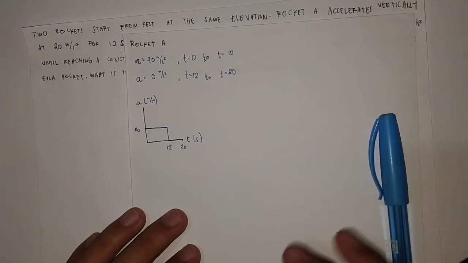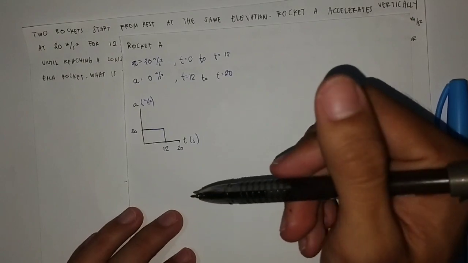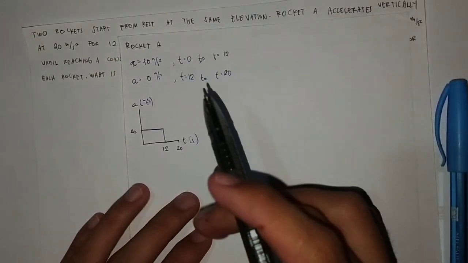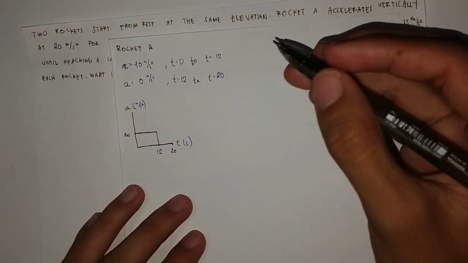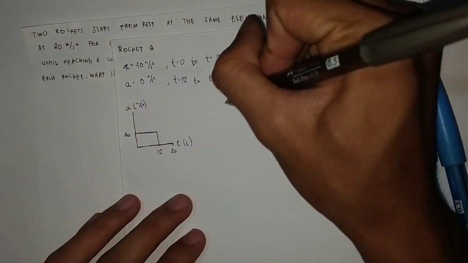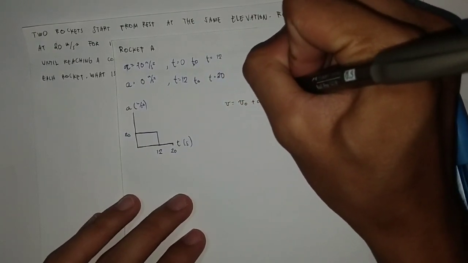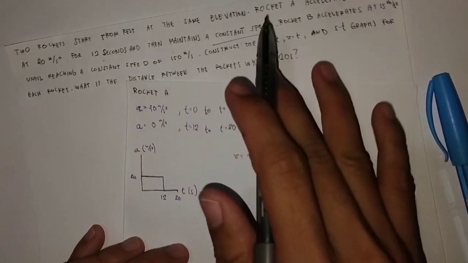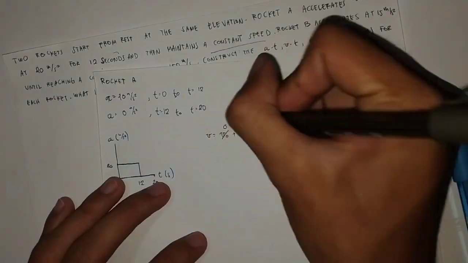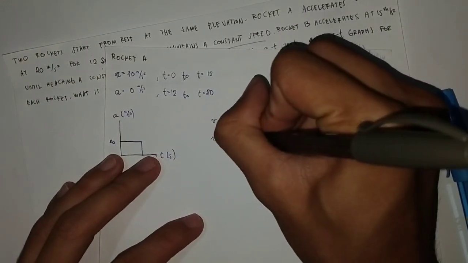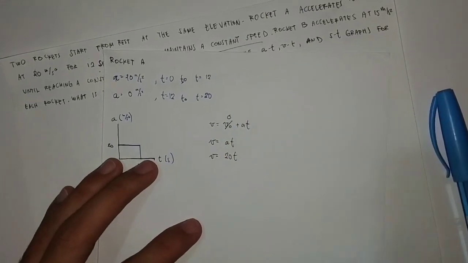And then for the velocity of rocket A, since the acceleration is constant, we can use the kinematic formula V equals V sub 0 plus AT. Since it starts from rest, your V initial is 0. Therefore, V equals AT, and your V equals 20t.